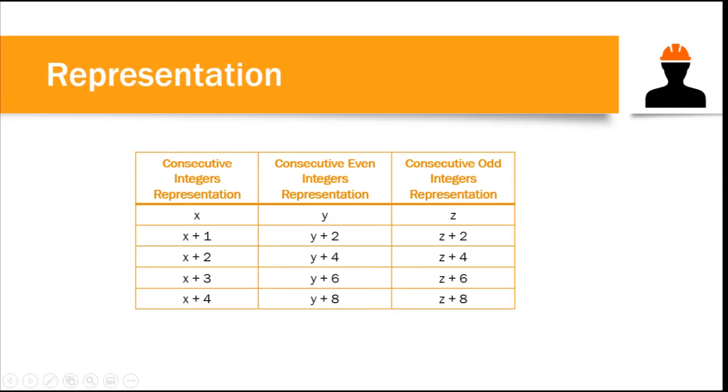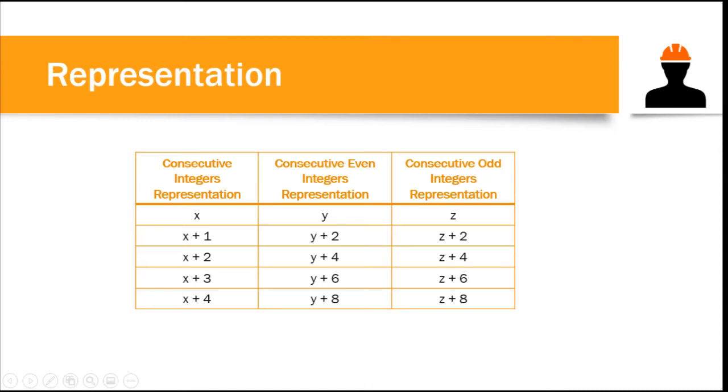But if you are referring to consecutive even integers, you can express the first number as y, then you add 2 for the second number, then you add 4 for the third number, and so on. So what you can see here, we add 2 for every number.